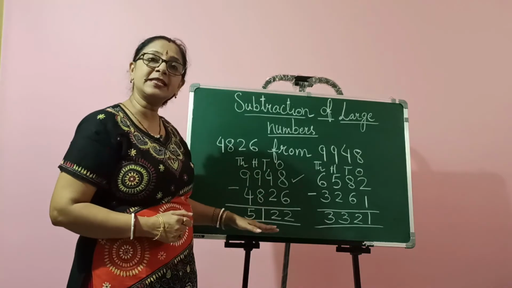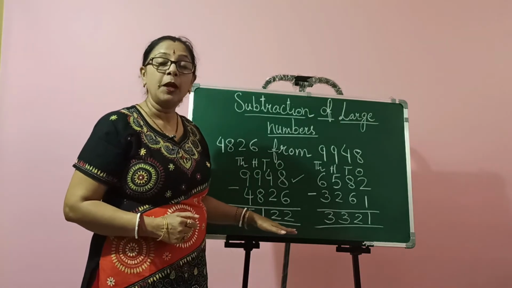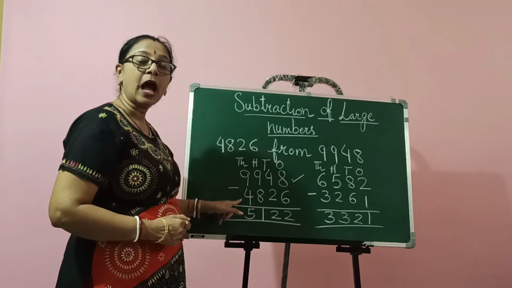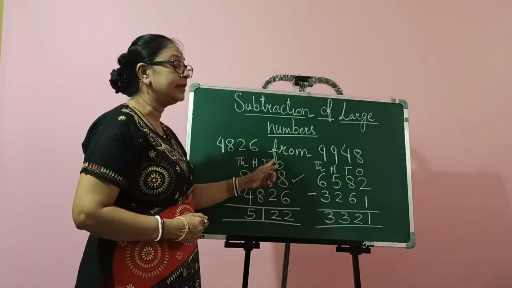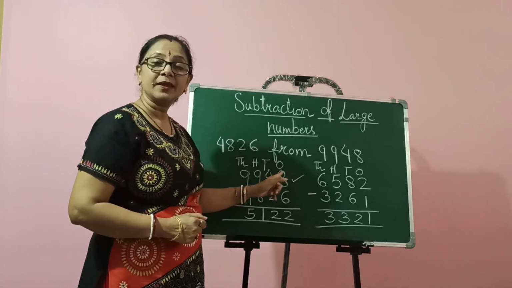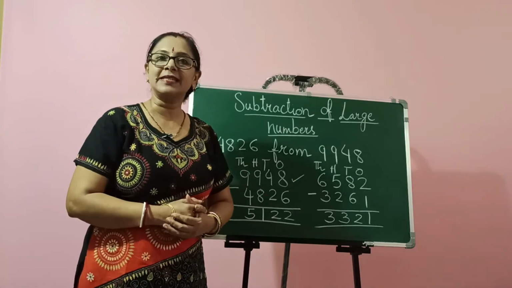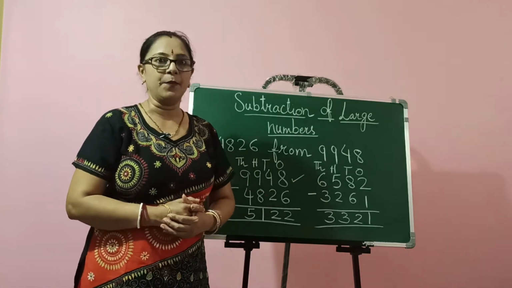So we can easily subtract, we don't have to borrow. But if the digits of the smaller number are greater than those of the larger number, you cannot subtract. Then what do we do? Let's see by taking another example.